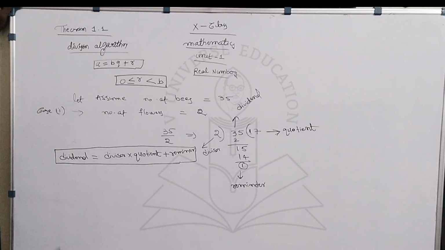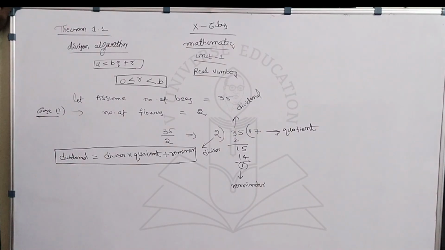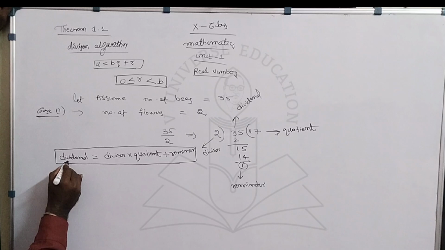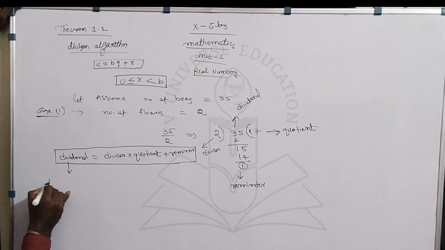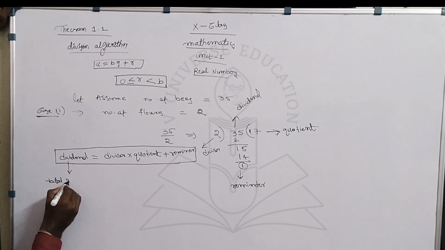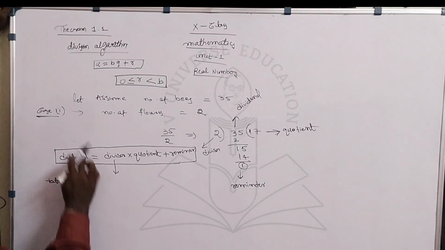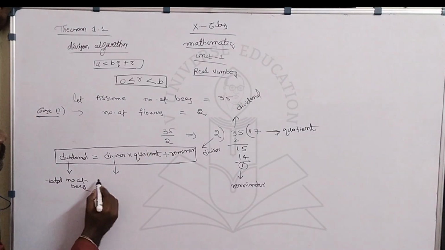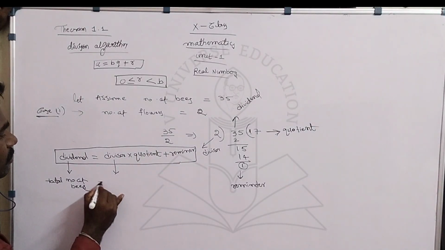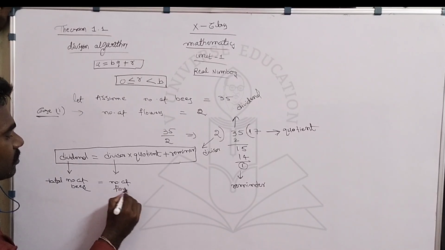So in our garden story, this dividend is nothing but the total number of bees. This divisor is nothing but the number of flowers.